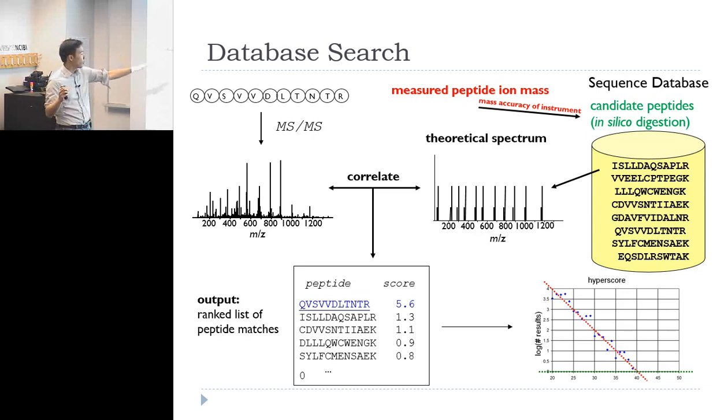And then it will try and correlate and compare and get some sort of score that represents how closely the two spectra are alike, and then you can do some sort of statistics on it to tell you how good of a match that is.